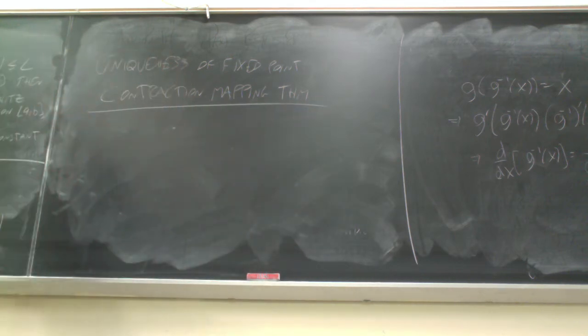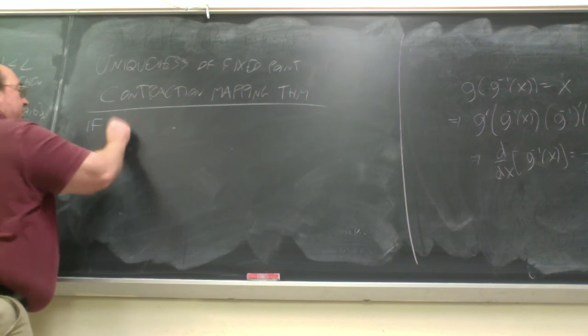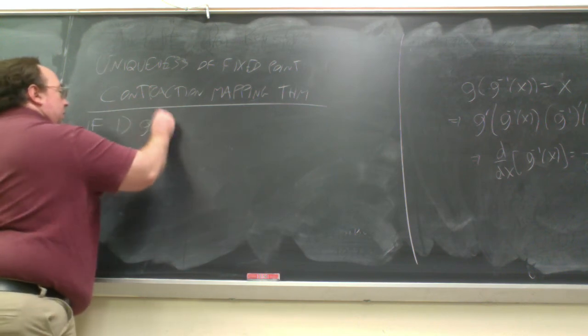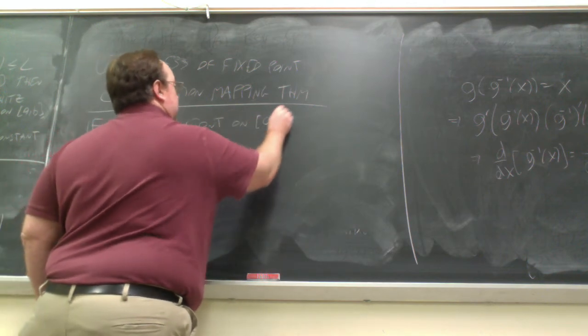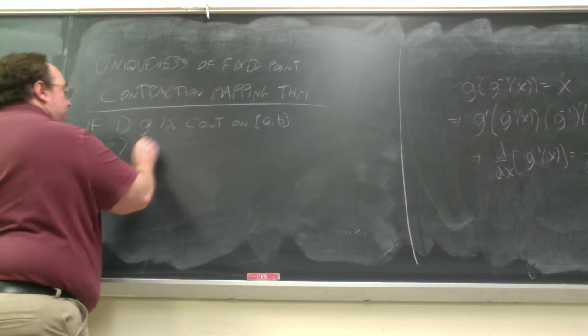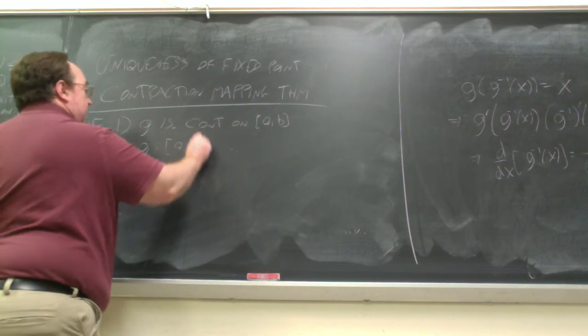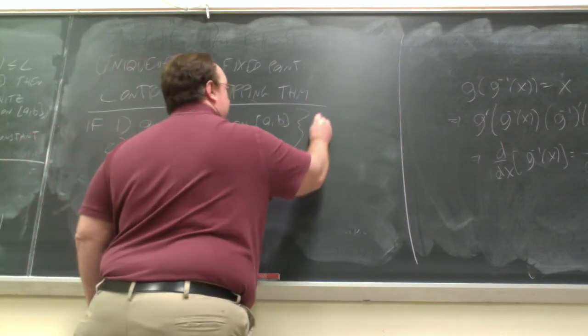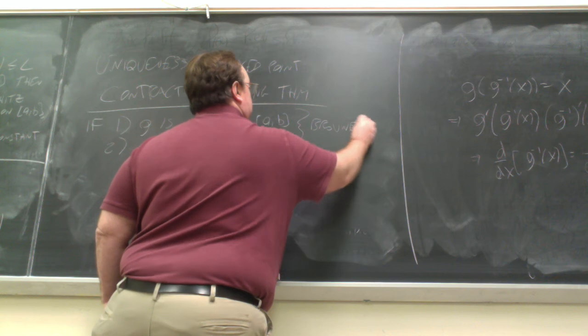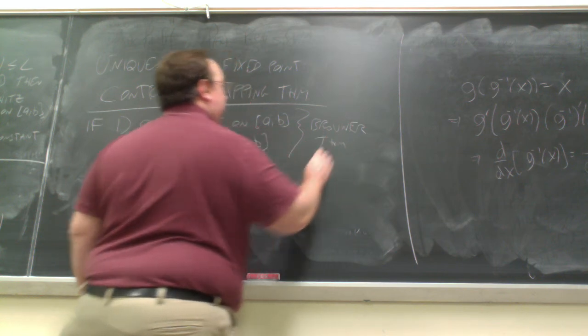So the contraction mapping theorem says that if we have these conditions: G is continuous on [a, b]. Second, G maps the interval [a, b] into [a, b]. Now, these are the conditions that we already have for the Brouwer fixed point theorem.